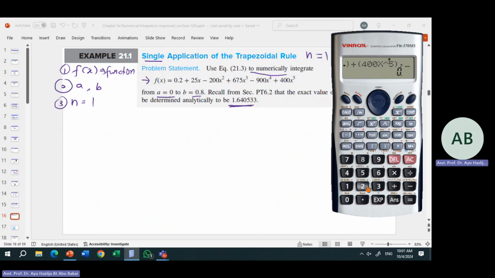Okay, comma. Put your range 0, 0.8. That is your true value.